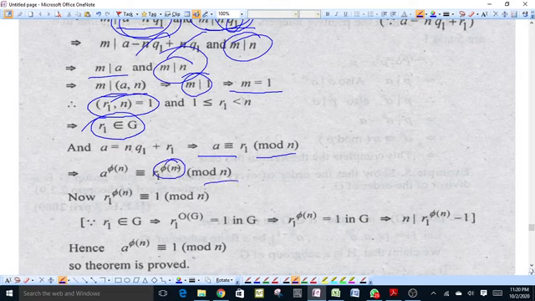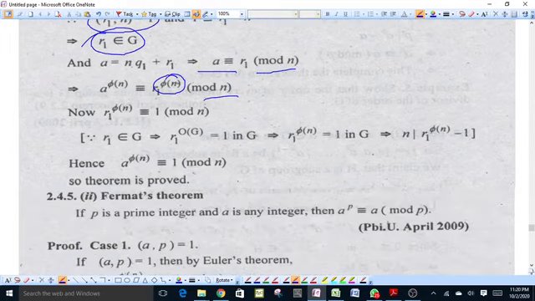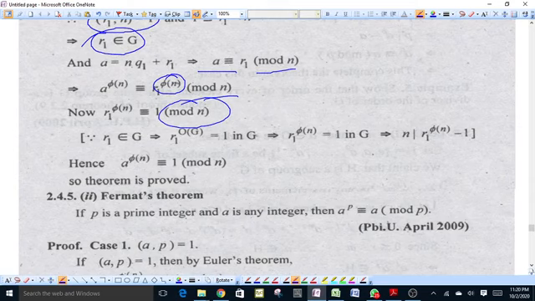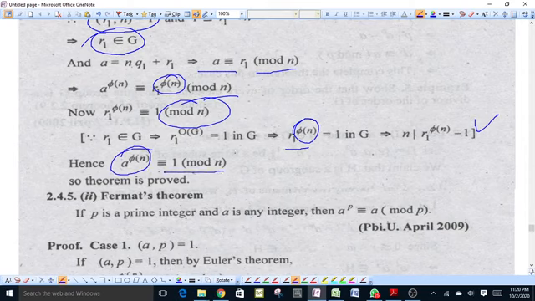Now r1 raised to power phi n is equal to 1 modulo n, because r1 belongs to G, and r1 raised to power order of G will be equal to 1 in G. That is, n divides r1 raised to power phi n minus 1. Therefore, a raised to power phi n is congruent to 1 modulo n. So, the theorem is proved.